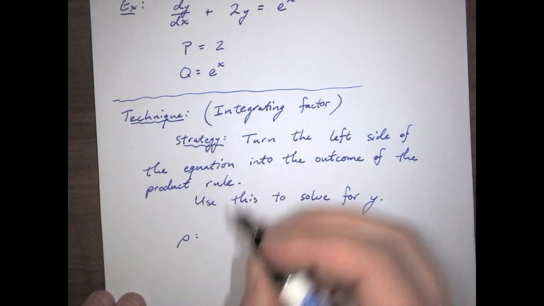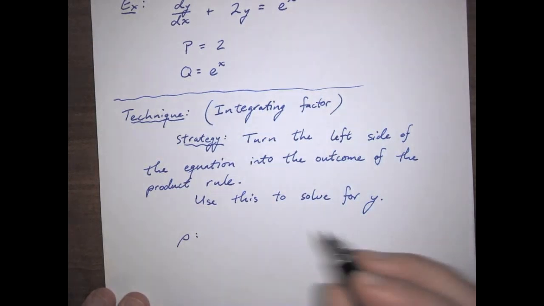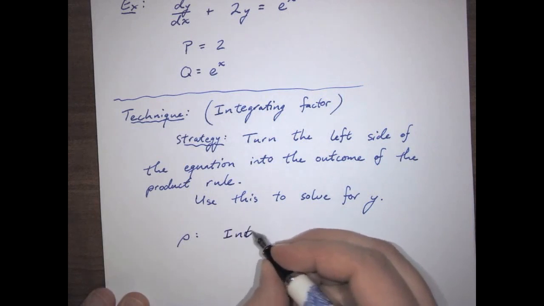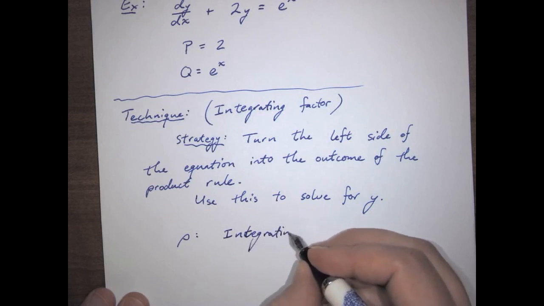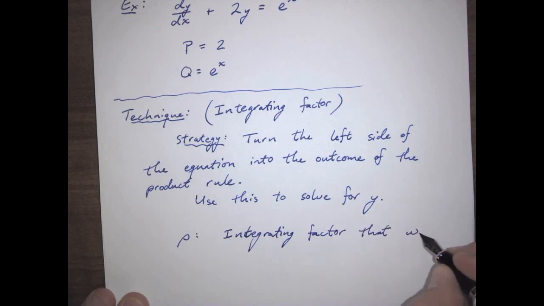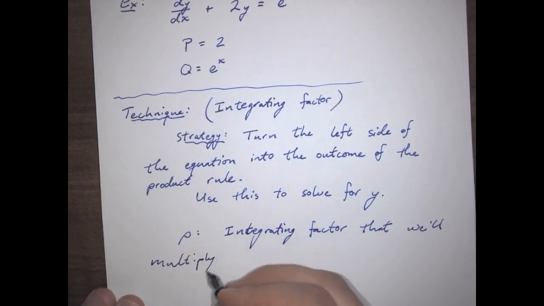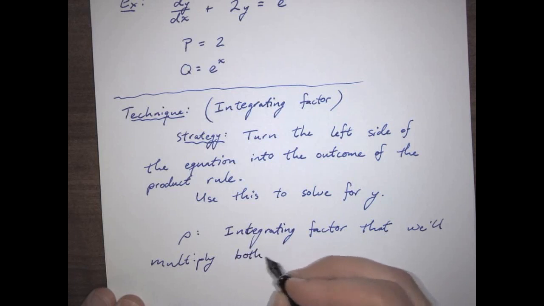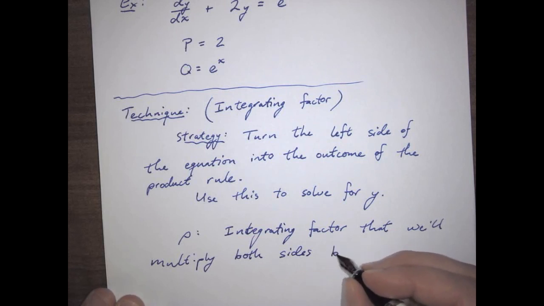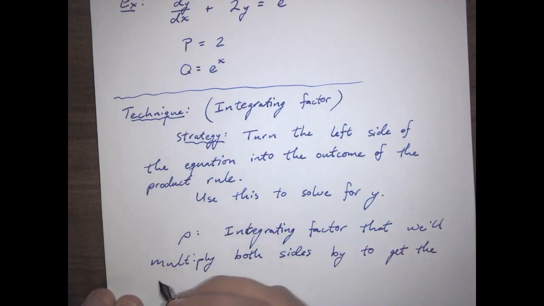So don't mistake it for a p. It's the Greek letter rho, the equivalent of our letter R. The rho here is going to be the integrating factor, that we will multiply both sides by to get the product rule.